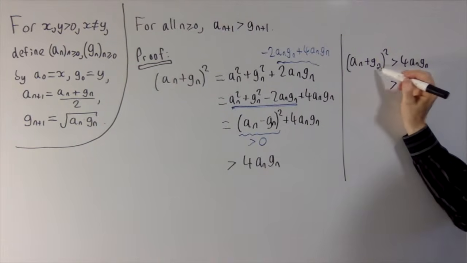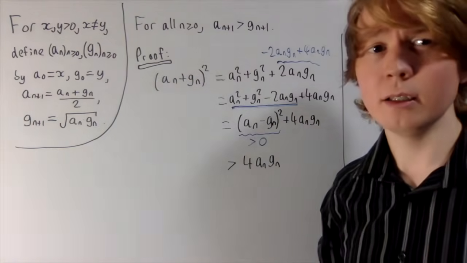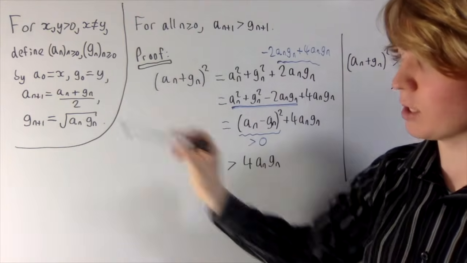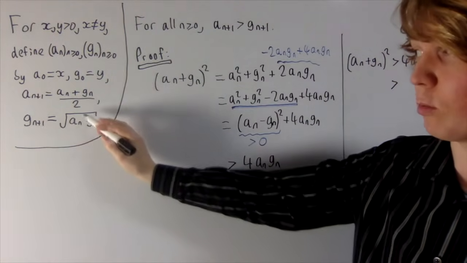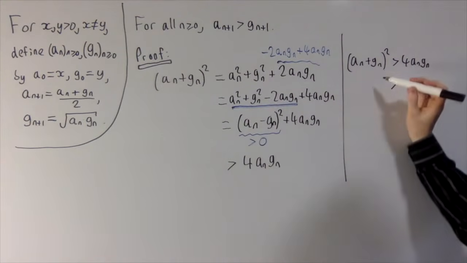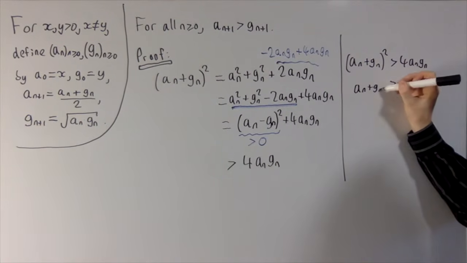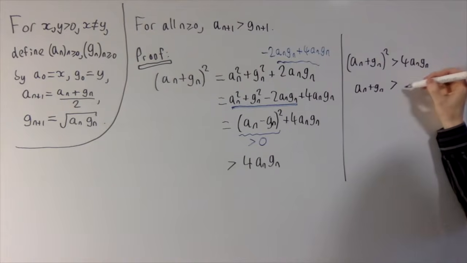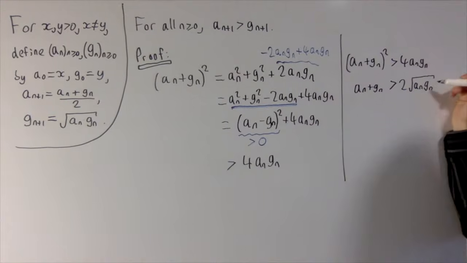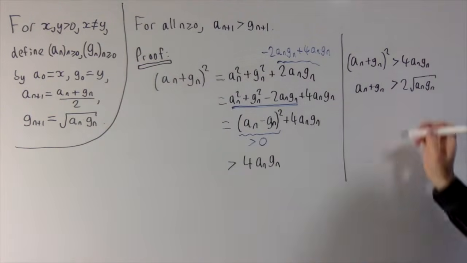Then what we can do, because we start with two positive numbers, x and y, and in our a sequence we're just adding together two positive numbers and finding the arithmetic mean of those, and in the g sequence we're finding the positive square root of the product of some positive numbers, you'll always get something positive, so we can take the square roots of both sides here. We get a_n plus g_n is strictly greater than the square root of all of this, which is 2 root a_n g_n.